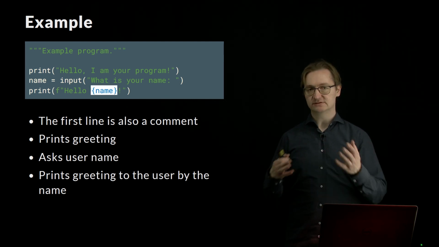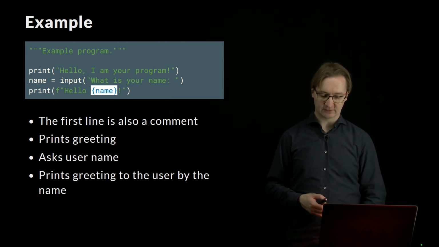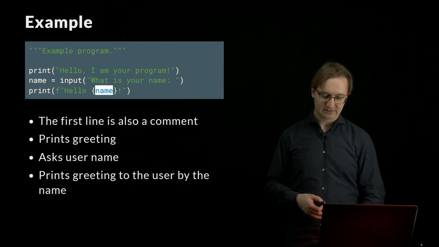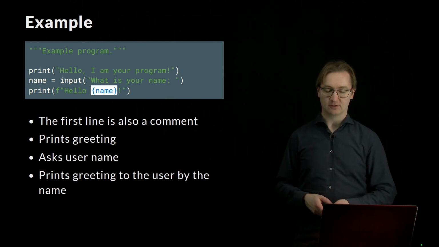Otherwise, in a string, every symbol is printed out as it's written in the string. So if I don't have this f here, I would get hello, those curly braces, and then name. But with an f-string, this part is replaced with the actual value of this variable.